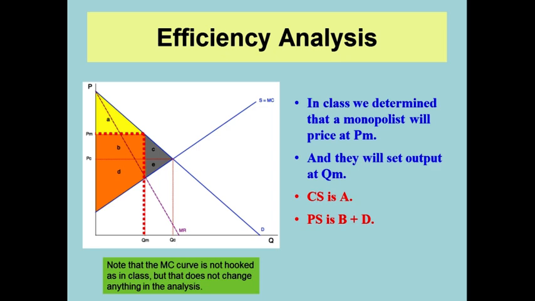So orange is basically capturing all those marginal profits because their marginal costs are from the blue line, but they're getting PM from consumers. So B plus D is the producer surplus. And again, it stops at QM because they're only producing QM. So we see basically the total economic pie. A goes to consumers, B goes to producers, D goes to producers.